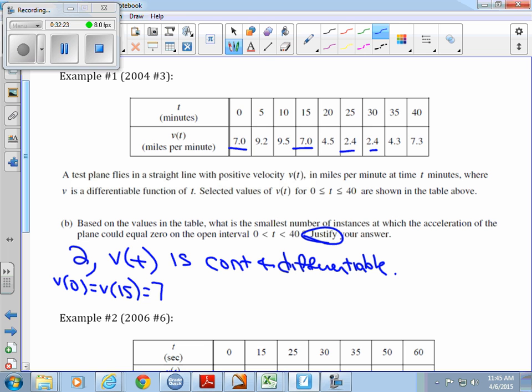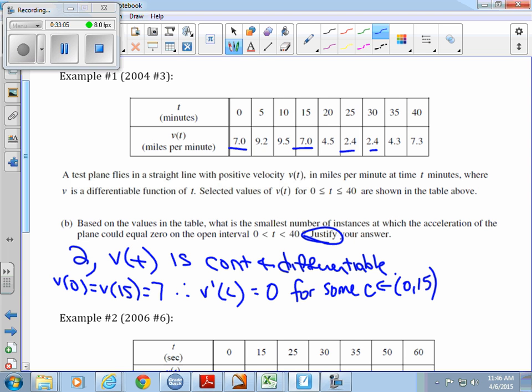Therefore, V prime of c equals 0 for some c. You can either say between 0 and 15, or you can use the symbol meaning element of, c in 0 to 15. Remember, V prime is acceleration. So we know the acceleration is 0 somewhere between 0 and 15.